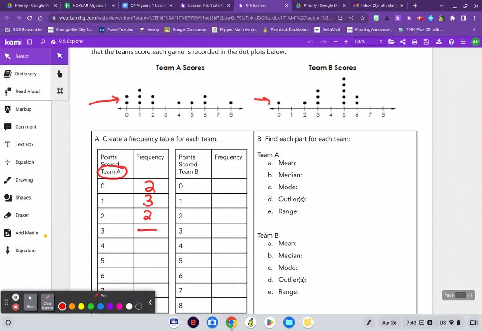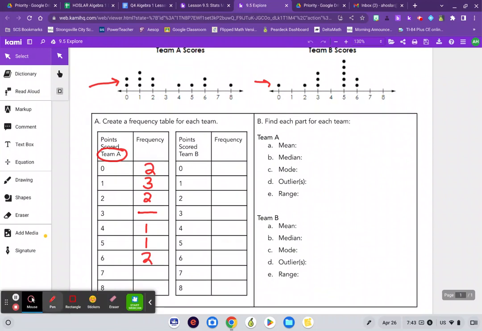I'm just going to put a hyphen here. They had 1 game where they scored 4 goals, 1 game where they scored 5 goals, 2 games where they scored 6 goals. There were no games where they scored 7 goals, so I'm just going to put a dash here, not a 0. And for 8, there was 1 game where they scored 8 goals.